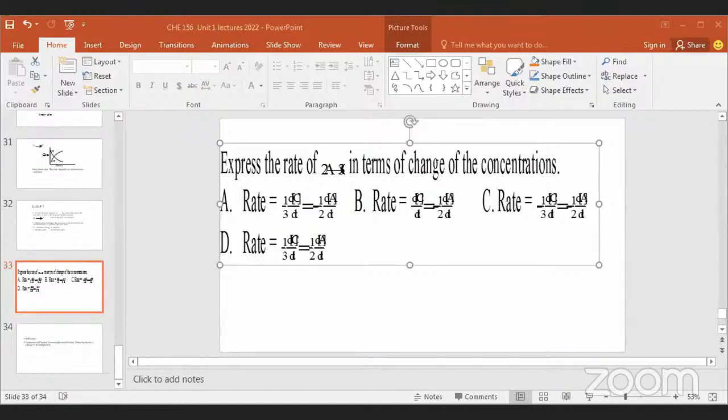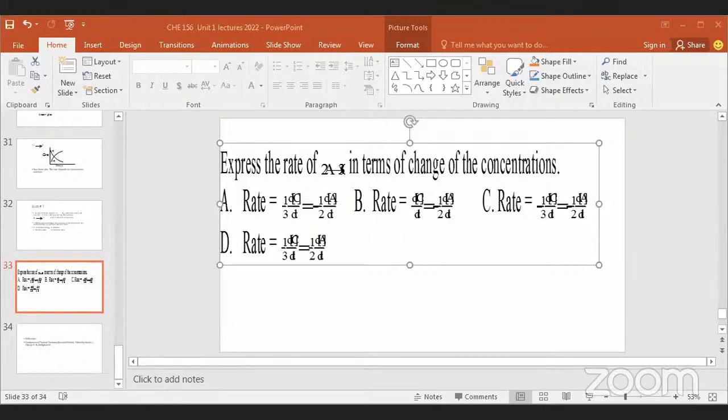Who is this now? Olari, ask your question. Sir, I have a question regarding the question you gave us. You said, what is the rate of formation of C and the rate of formation of D? Sir, I don't quite understand.